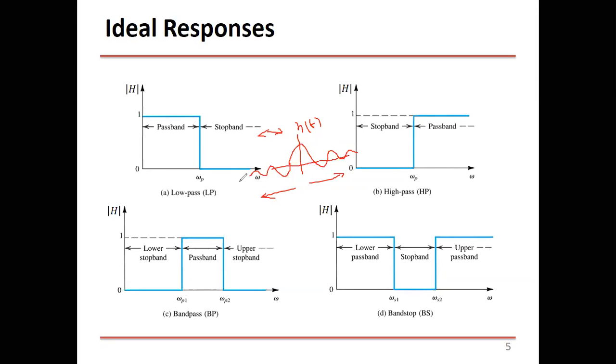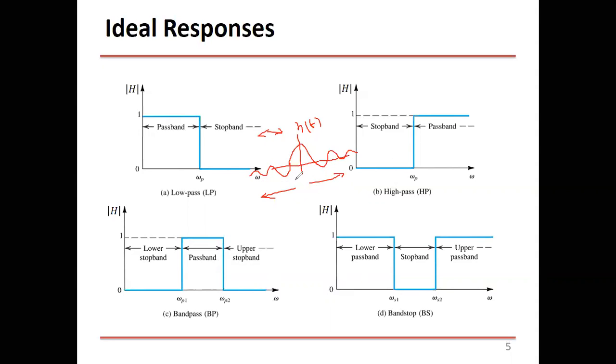Why? Because if you integrate the absolute value of h of t from minus infinity to infinity, it is not finite, it's infinite. If h of t was not absolutely integrable, then the filter is unstable. Also, this filter has a negative part, which happens at negative time.